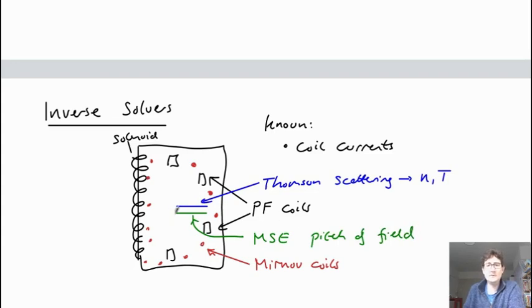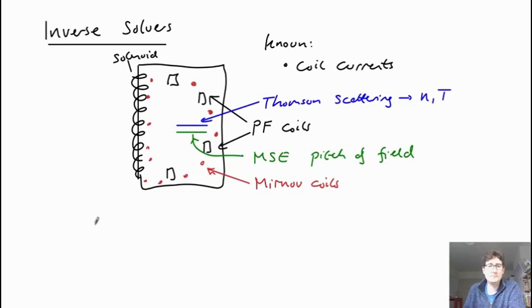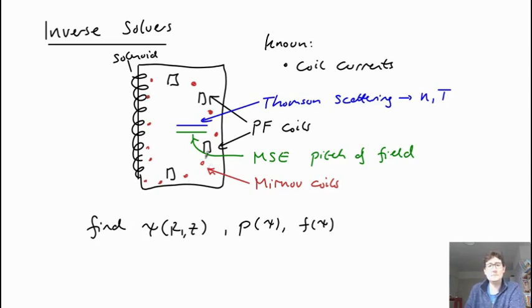And so combining all these together, the job of an inverse code is to find the best solution. And so it has to find psi as a function of r and z, and also the profiles, P of psi and F of psi. So the most simple version just uses the currents in the coils and the magnetics.